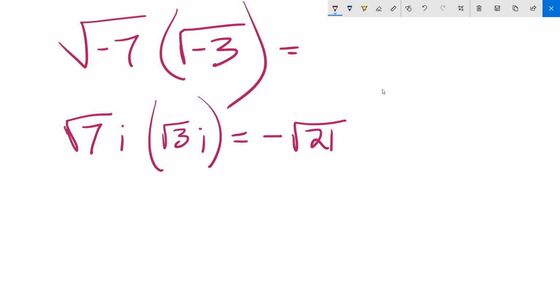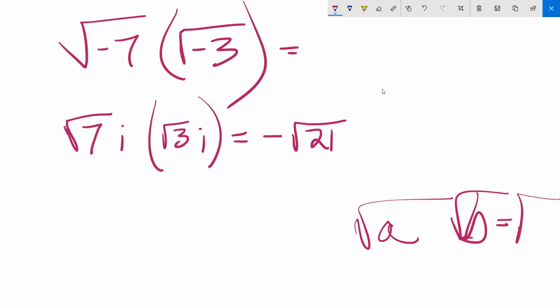Right. Now do it the top way using what they've taught you all these years, which is root A times root B equals root AB. Haven't you learned this for everything? Yeah. Use that technique to do the top. So then it's just root negative 21. Why is it negative? It's negative 7 times negative 3. Now forget the i's for a moment.